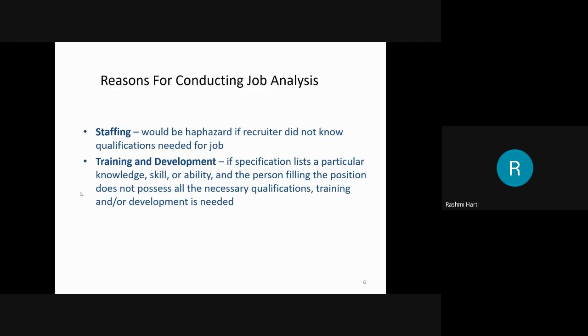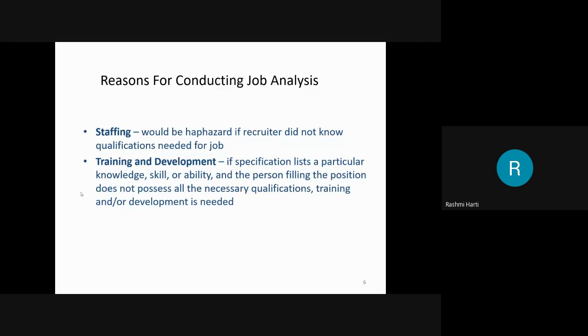The second reason is training and development. If the job specification lists particular knowledge, skill, and ability, and it is clearly understood what type is required and at what level, then you can identify whether the person filling that position possesses that knowledge, skill, and ability or not.